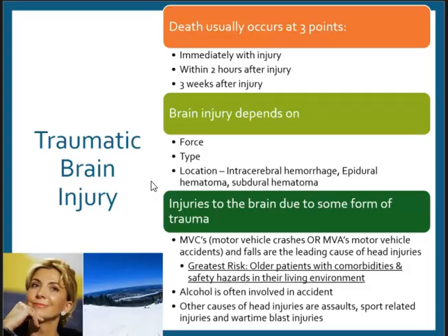Ultimately, they're not as strong and flexible as they once were, and they're at high risk for a head injury. Alcohol is often involved in accidents, and other causes of head injuries are assaults, sports-related injuries, and wartime blast injuries.